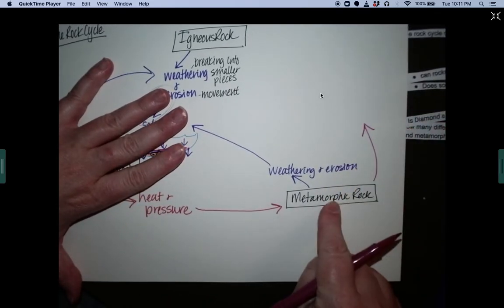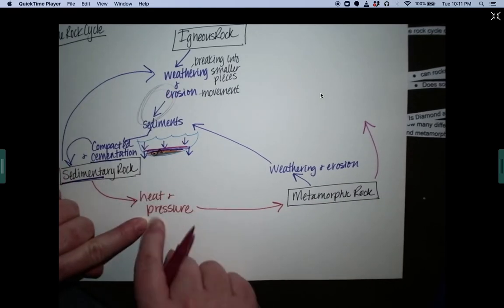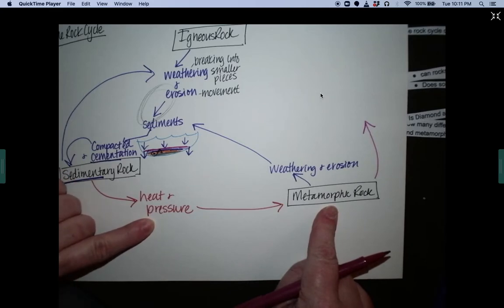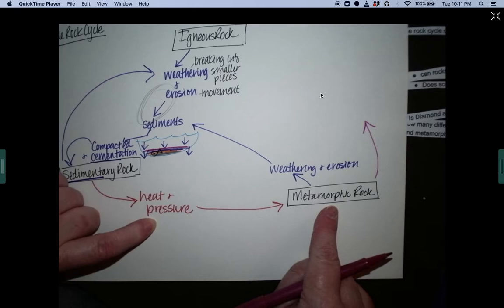When it gets heated up and pressurized and turns into metamorphic rock, it's close-ish to the mantle, but not to the point where it's going to melt into magma.